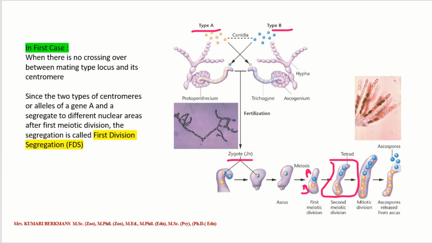The first meiotic division is the reduction division. The second meiotic division gives rise to a tetrad, and after this a mitotic division takes place and it gives an octad.